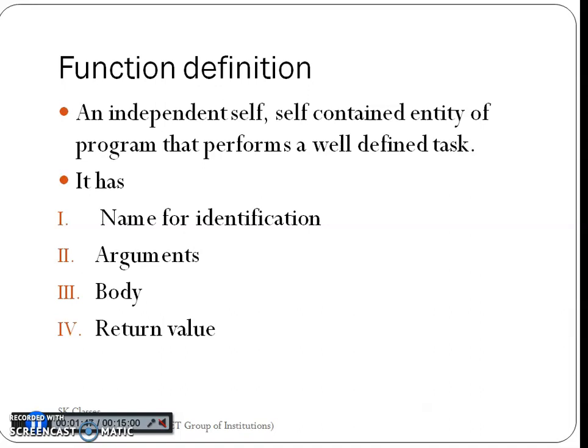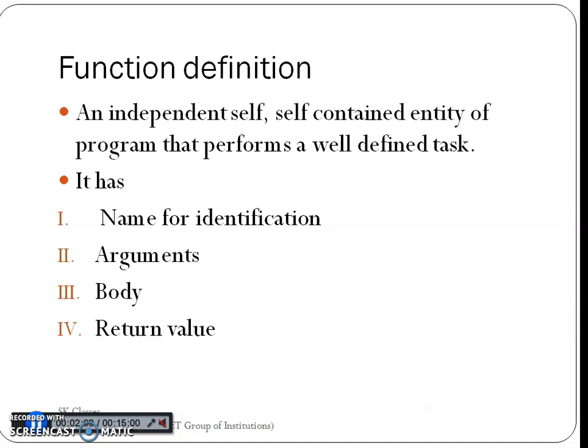As usual, to define a function, we need to focus on these 4 points. The first point is that we need to mention the name of the function, to identify it whenever we need to call it. Arguments are optional, depending upon our implementation, whether we pass certain arguments or not.